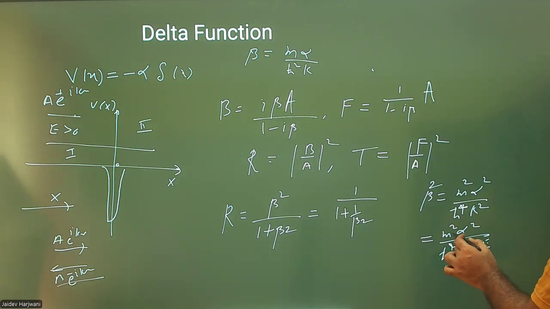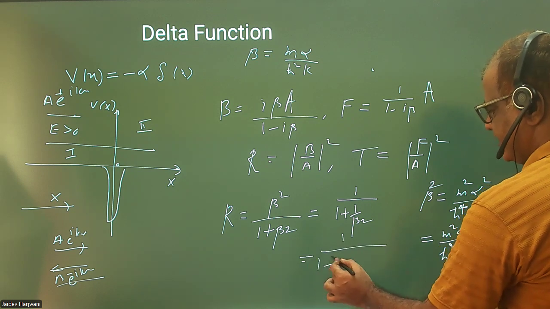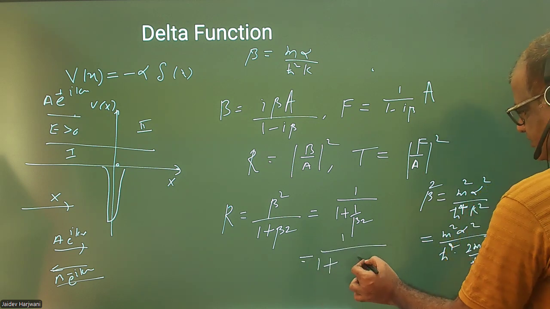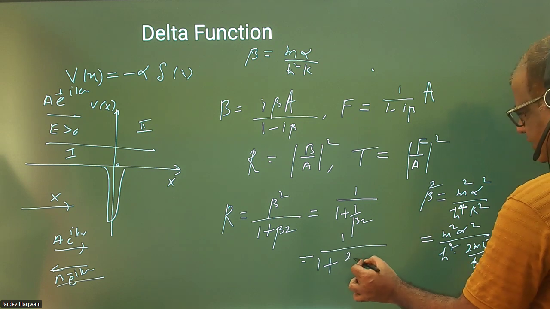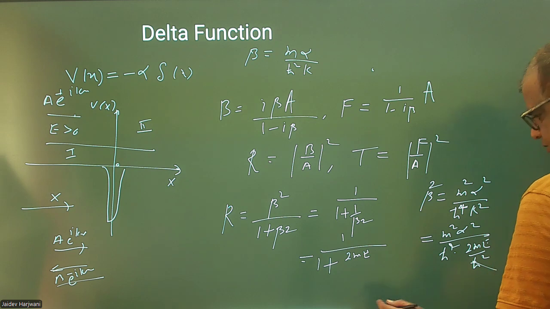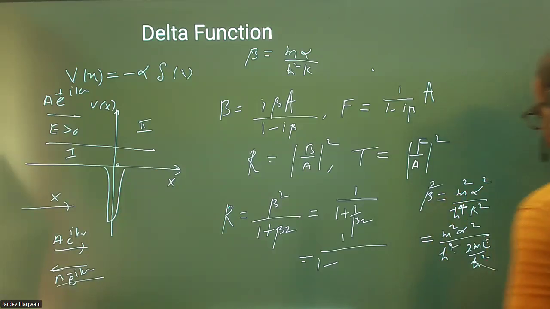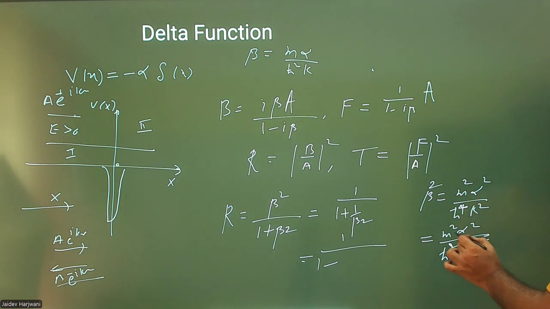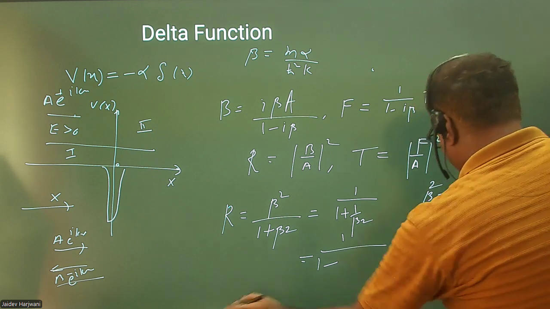And now you have m, beta square is 2mE. I want 1 plus beta square, so this will become 1 upon 1 plus beta square. So you have m square alpha square upon 2mE hcut square, so m also cancels, and here you have only m.